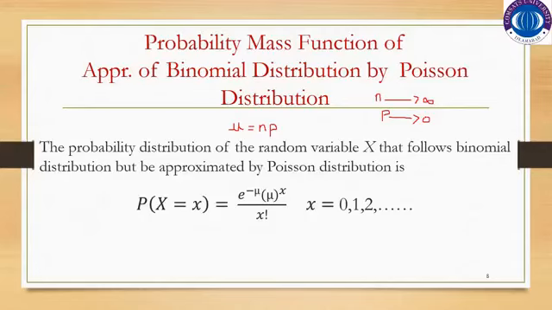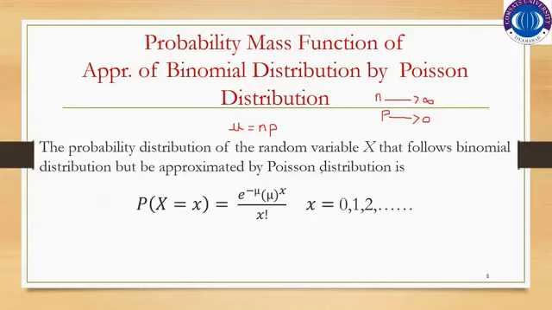This means that on average the occurrence of that particular event in this many trials will be very minimal, and the mean will be constant.